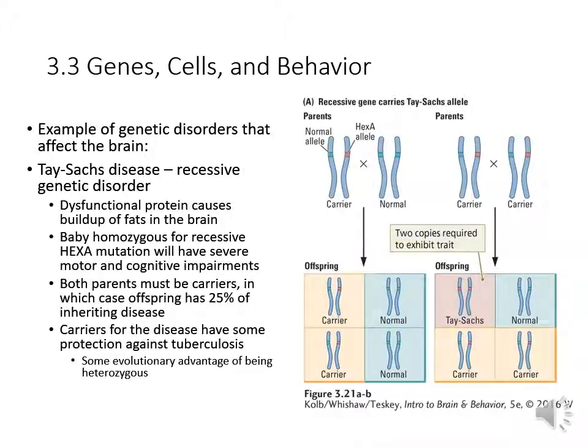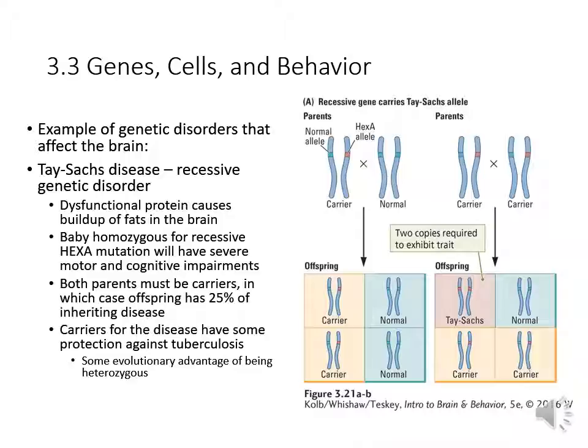Okay, so one example of a genetic disorder that affects the brain, we'll talk about a recessive one and a dominant genetic disorder. An example of a recessive genetic disorder is Tay-Sachs disease, and in this case, a dysfunctional protein causes buildup of fats in the brain, and the individual dies, I think, within 5 years of life at maximum, typically.